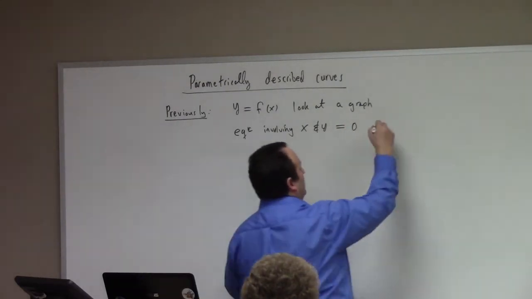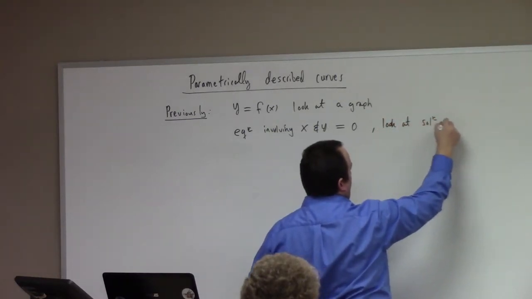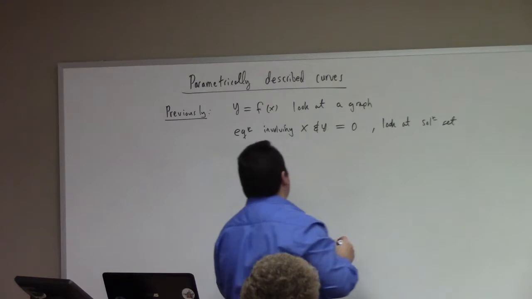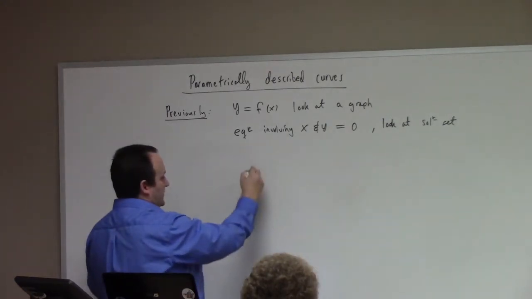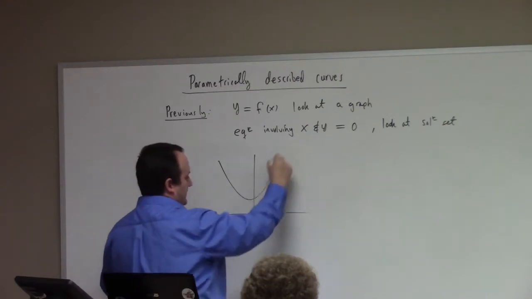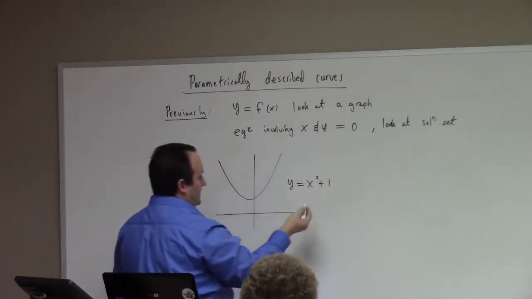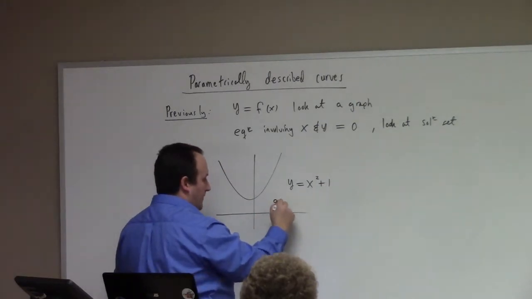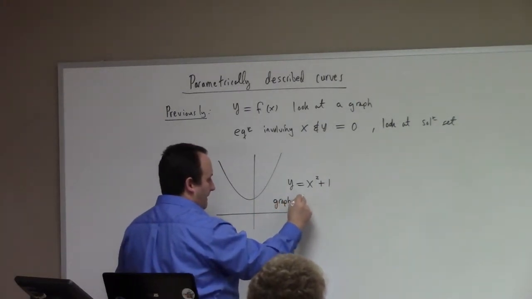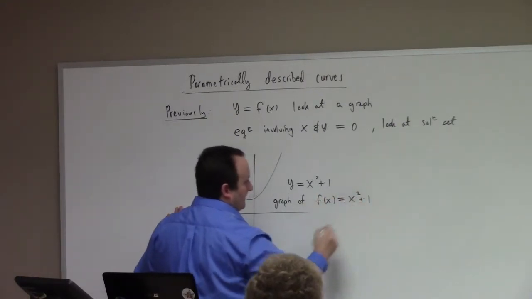And so you look at the solution set, right? So for example, something like y is equal to x squared plus 1. This is the graph of what? f of x equals x squared plus 1, right?